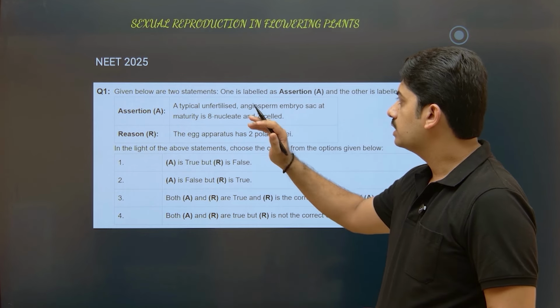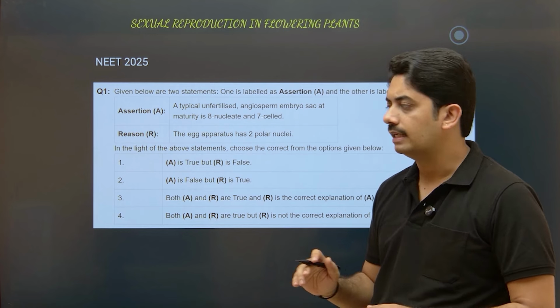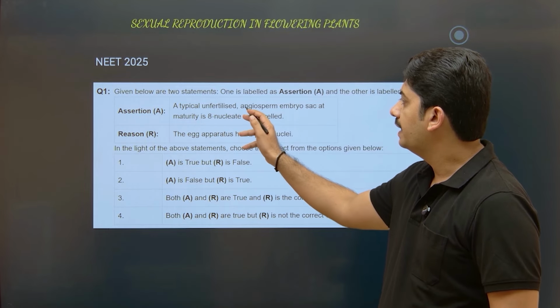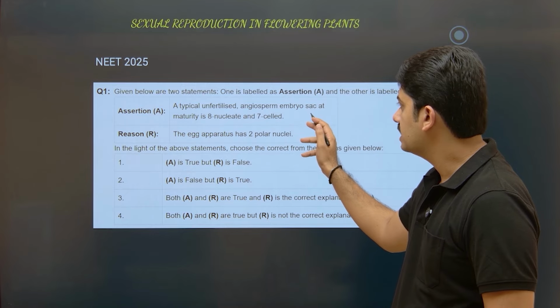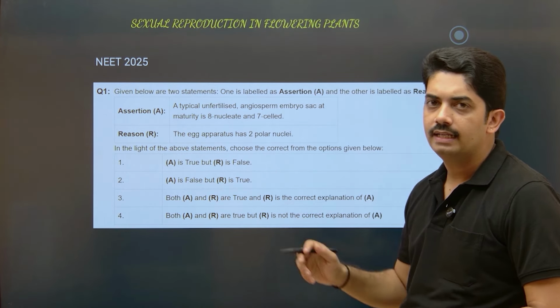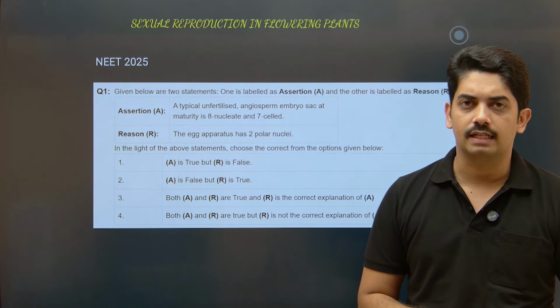Given below are two statements. One is labeled as assertion and the other is labeled as reason. The assertion given is: a typical unfertilized angiosperm embryo sac at maturity is 8-nucleate and 7-celled. Is this statement correct?